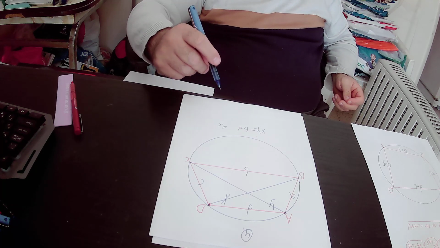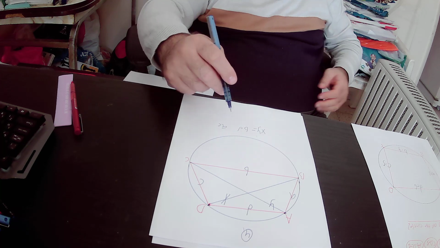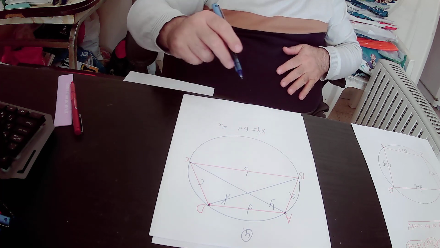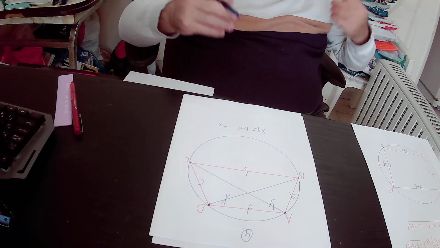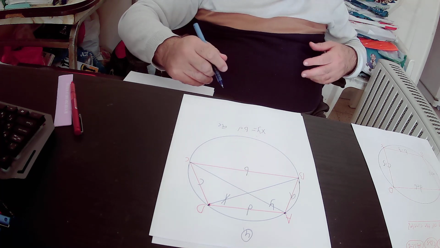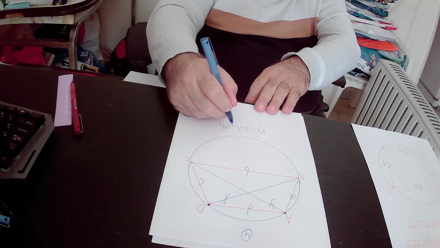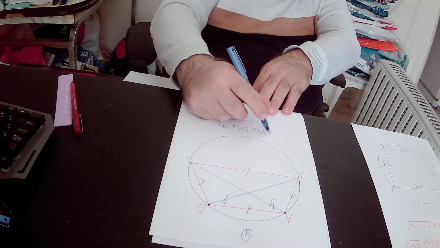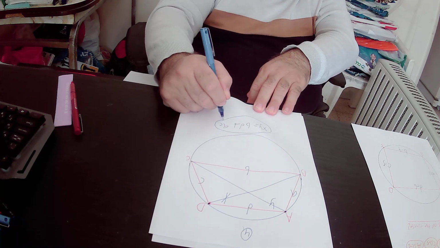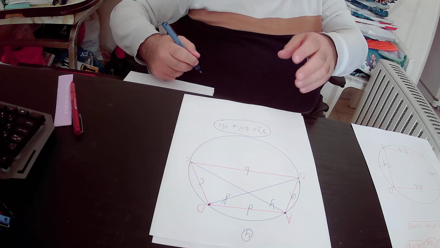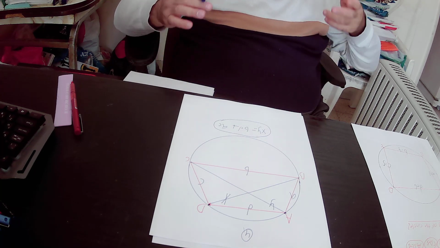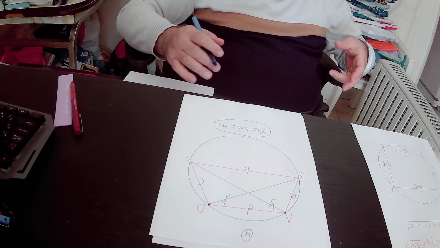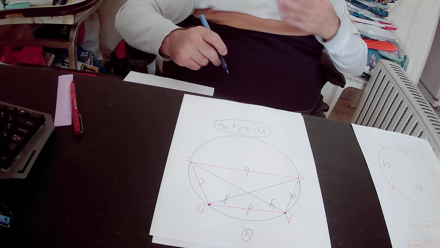The first product is BD, the second product is AC, and the sum of the products of its opposite sides is BD plus AC.